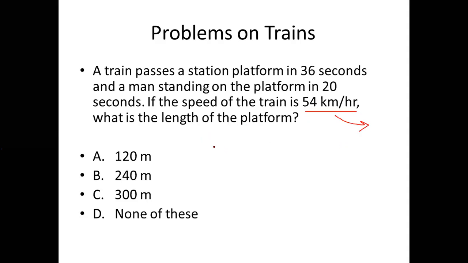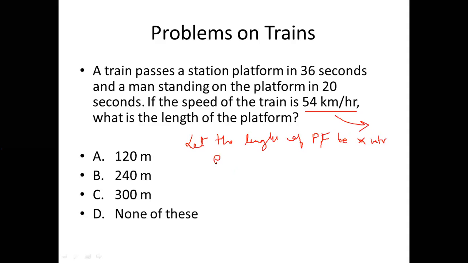Conversion method needs to be applied. This thing we know, we have done in the previous problem also. So let us consider this. Let the length of the platform, I am putting it in short form PF because it is very difficult to write with the mouse, be x meter, right?